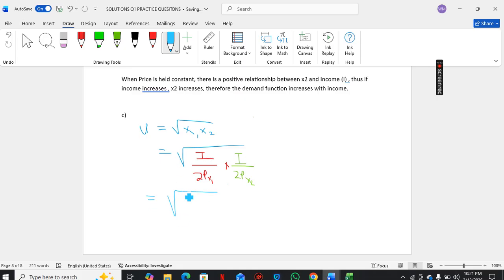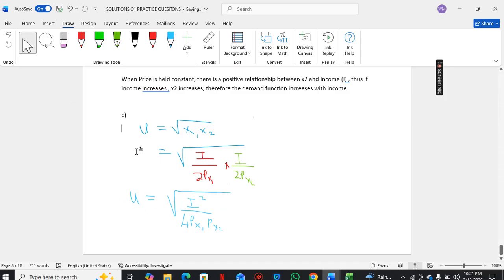I times I, you get I squared. At the bottom here, 2px1 times 2px2, you get 4px1 px2. This is the expression here.